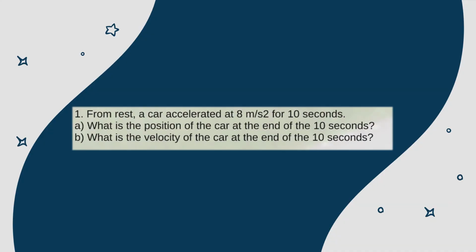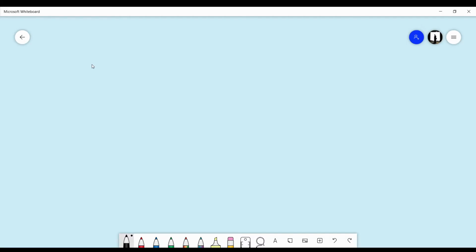So now we will see the example. From rest, a car accelerated at 8 meters per second squared for 10 seconds. A. What is the position of the car at the end of the 10 seconds? And B. What is the velocity of the car at the end of the 10 seconds? So velocity and speed is the same, so we can write it as velocity or speed.